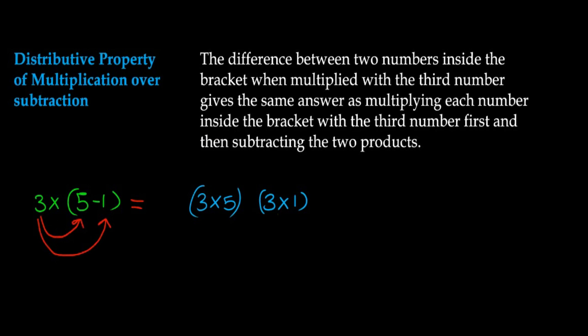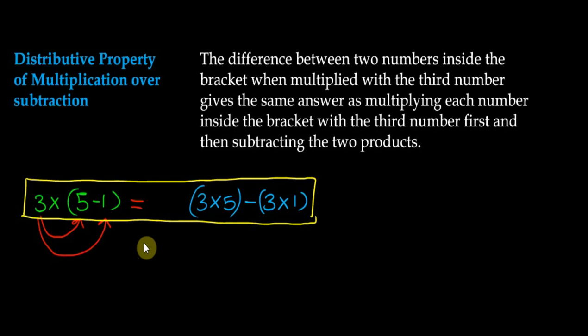Next it says, and then subtracting the two products. So we have to do the subtraction between these two products. So this is what our distributive property of multiplication over subtraction says. So once again, I would encourage you to pause the video and check whether the answer for the left hand side expression is the same as the answer for the right hand side expression.